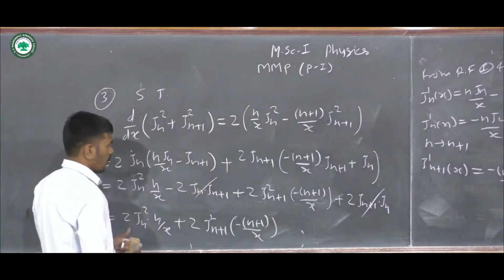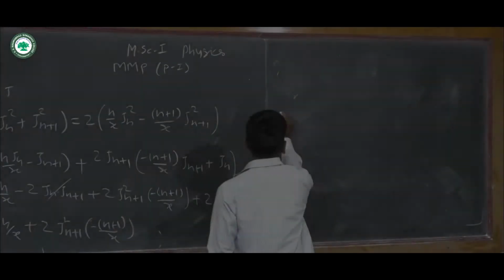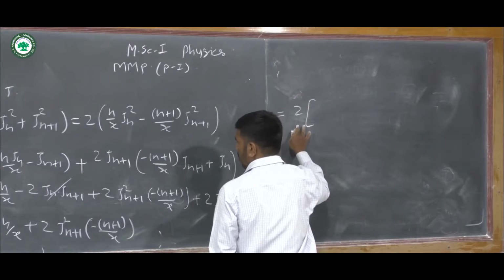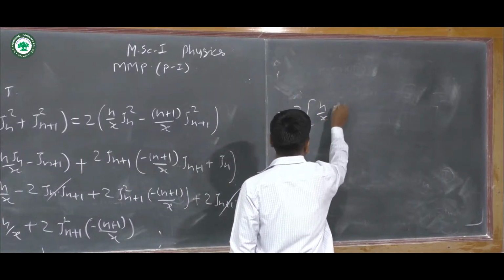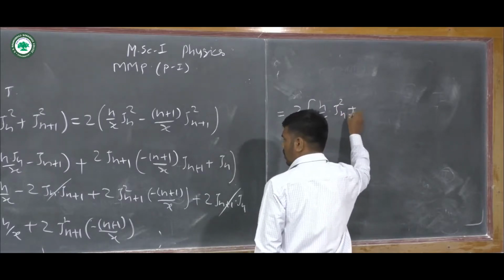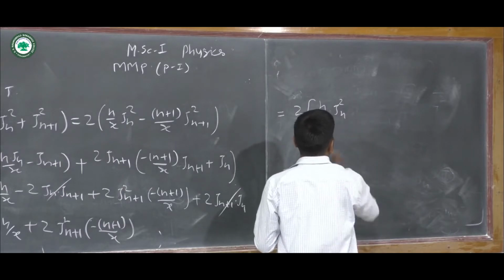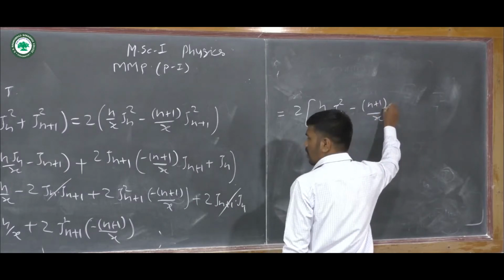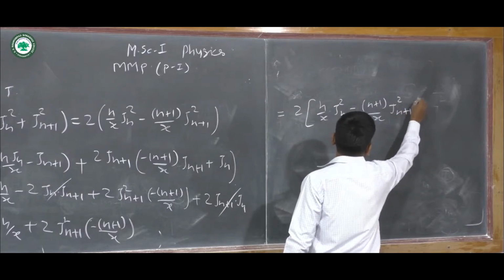Taking out the common 2, we have 2 into n by x Jn square minus n plus 1 divided by x into J square n plus 1.